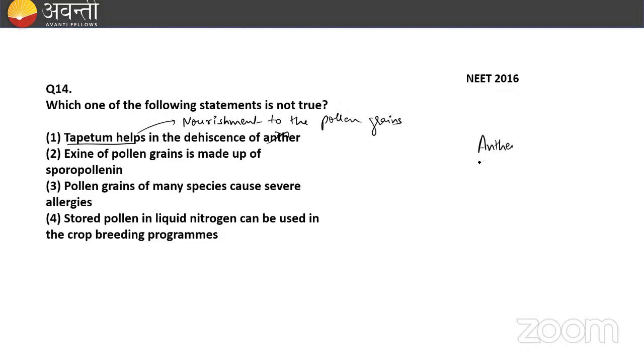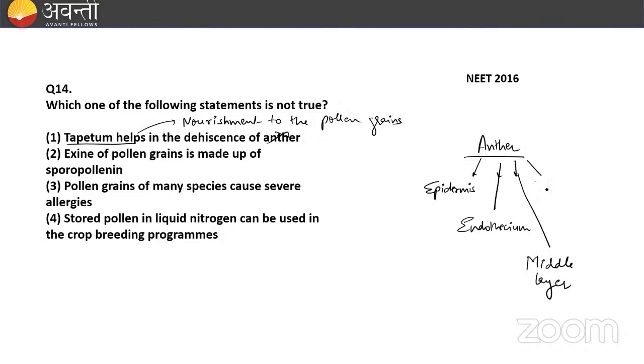Remember, the anther consists of 4 layers. There's epidermis, which is the outermost layer. Then there's endothecium. Then there's the middle layer. And the innermost is tapetum.